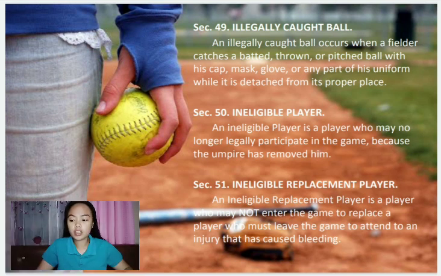So, section 51, the ineligible replacement player. So, it is a player who may not enter the game to replace a player who must leave the game to attend to an injury that has caused bleeding. The ineligible replacement player is one who has been removed from the game by the umpire for violation of the rules and is in the current lineup, or is not in the current lineup but ineligible to re-enter the game.